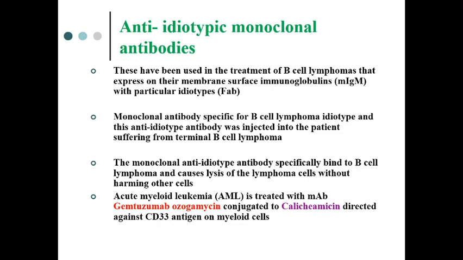It is conjugated to calicheamicin and directed against the CD33 receptor expressed by myeloid cells in acute myeloid leukemia, for the treatment of acute myeloid leukemia, by targeting the drug onto the surface of the myeloid cells using gemtuzumab ozogamicin.